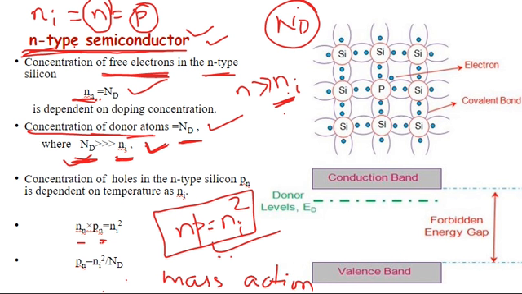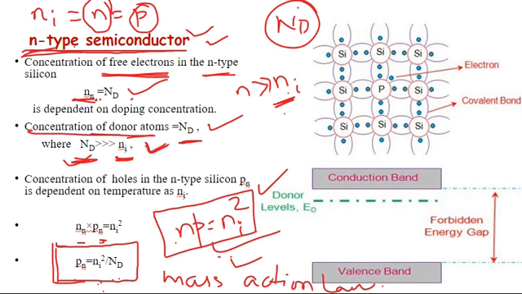Its proof can be done if required. With the help of mass action law, we can prove that Np is equal to Ni square for extrinsic semiconductor also. By substituting Nn as Nd, we get an equation for Pn, the concentration of holes inside the N-type semiconductor, which is equal to Ni square divided by Nd, the concentration of donor atoms.